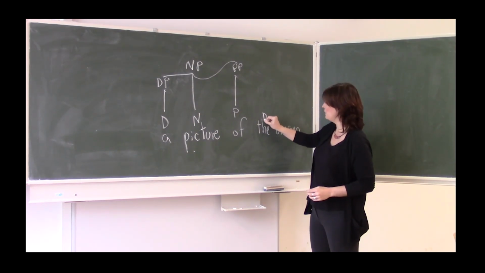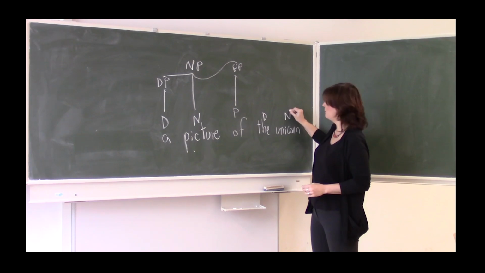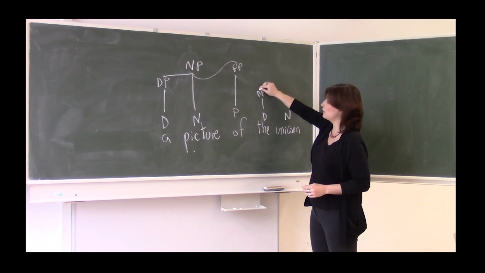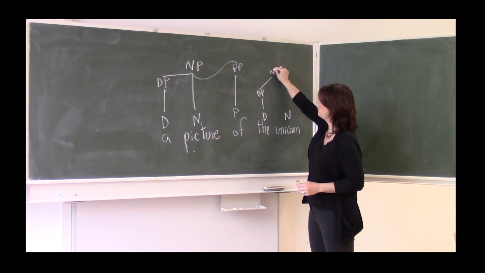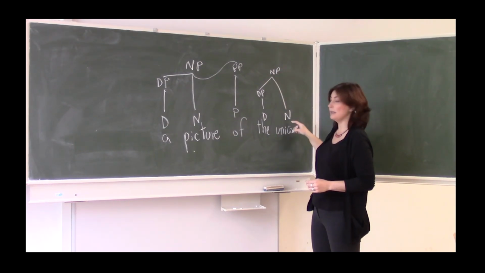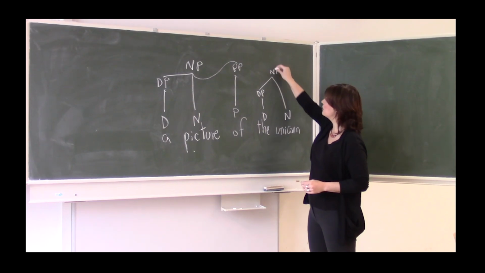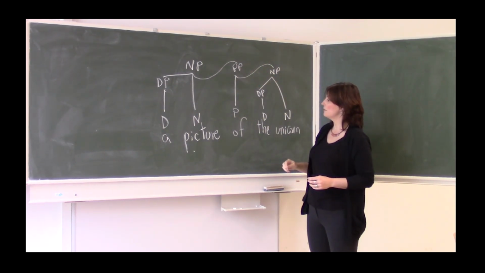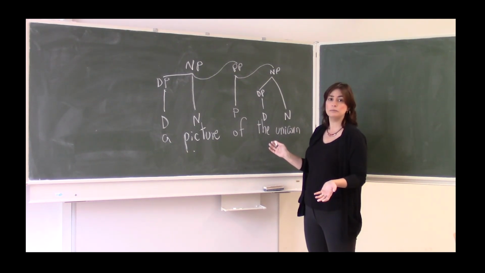The is a determiner. Unicorn, a noun. As we saw before, a determiner phrase is a good specifier of a noun phrase, which is headed by the noun, and the noun phrase is a good complement of the prepositional phrase. So here you have the tree for a picture of the unicorn.